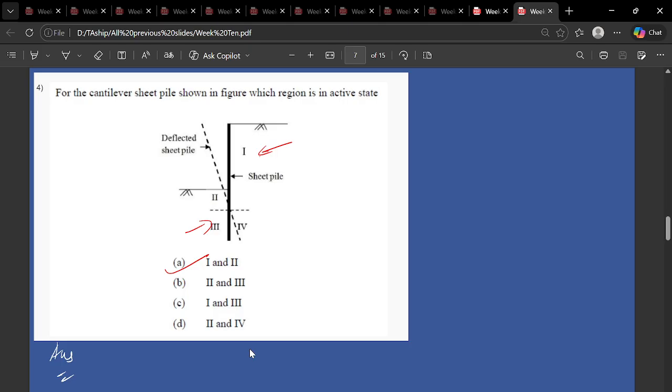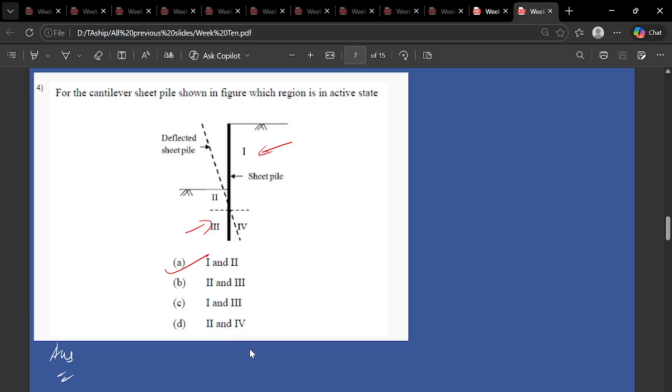Now here you have been asked to analyze in which zone your sheet pile wall is in the active state. The active state zone is basically the zone when your sheet pile wall or the cantilever sheet pile moves away from the soil.